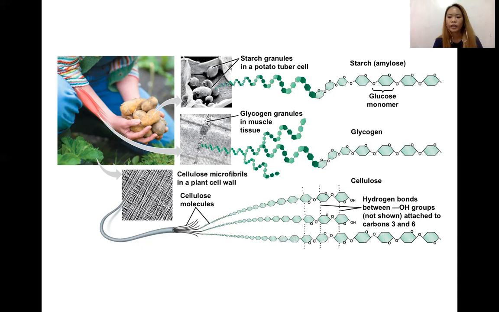So if they are already satisfied, they already have enough energy or enough monosaccharide for all of their activities, they still have extra glucose, and these extra glucose are stored in the form of starch.